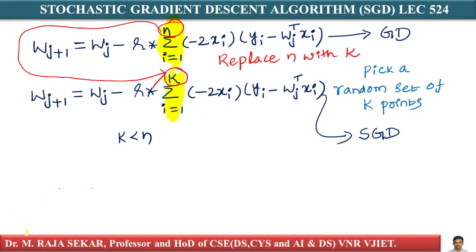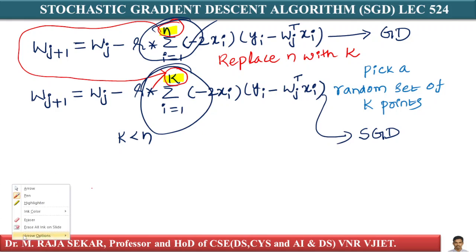This is the basic difference between GD, gradient descent, and stochastic gradient descent. In this case, you have i=1 to n. Here, i=1 to k, isn't it? That is the basic difference.